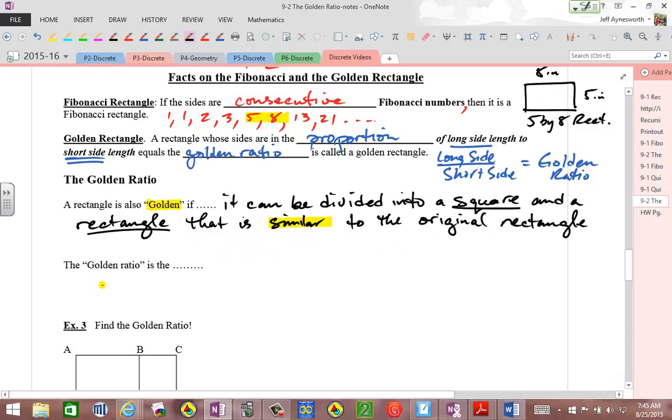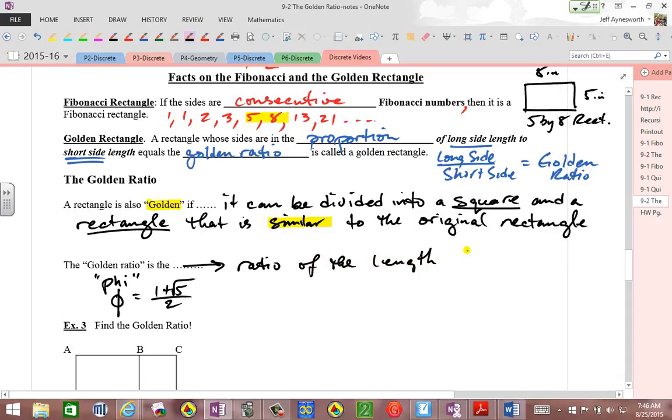First of all, we know that the golden ratio, which we call phi, P-H-I, and the symbol here is the Greek symbol phi, is equal to 1 plus the square root of 5, all divided by 2. We know that from the prior lesson. The golden ratio is the ratio, which is a fraction basically, of the length to the width.